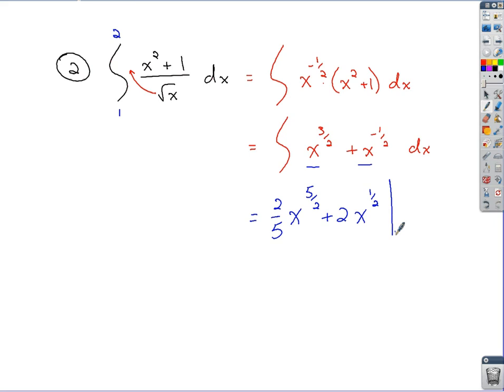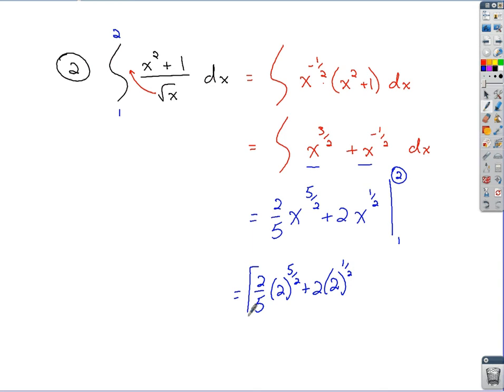On that bar, we put in our interval values. And since this is our antiderivative, we're simply going to start with this 2 here, plug in for the x values. So we're going to have 2/5 times 2 raised to the 5/2 plus 2 times 2 raised to the 1/2.